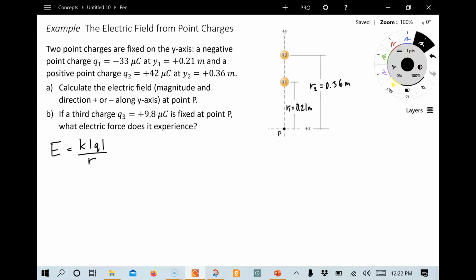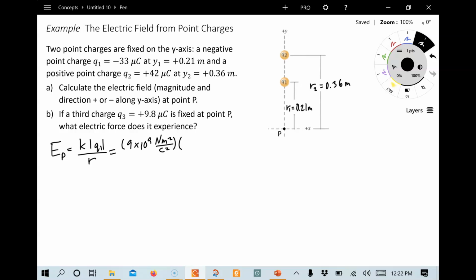So let me calculate the electric field at point P due to charge Q1. K is 9 times 10 to the 9th newton meters squared per coulomb squared, multiplied by the magnitude of Q1.